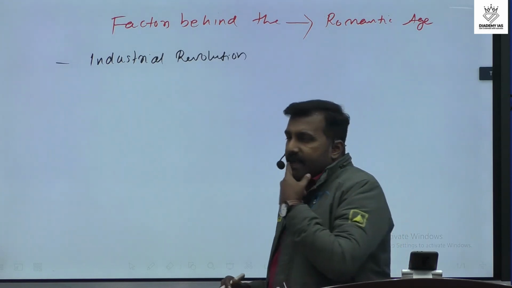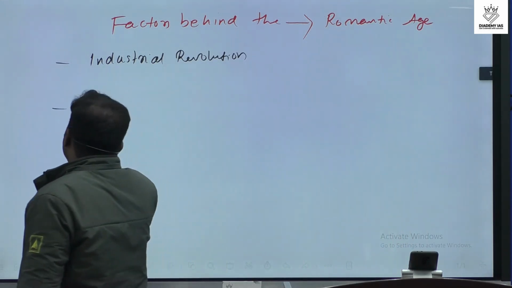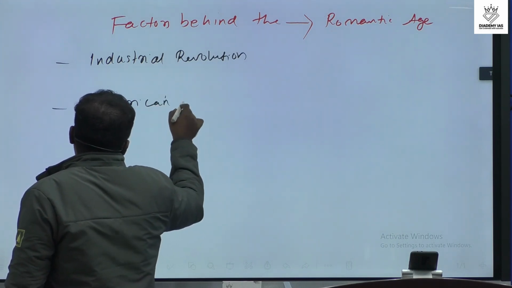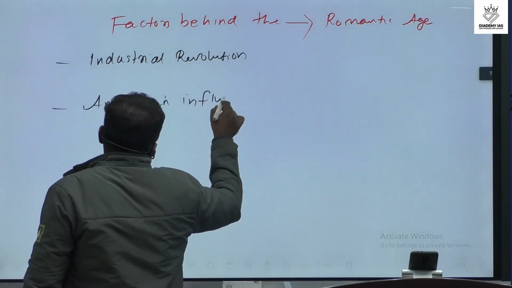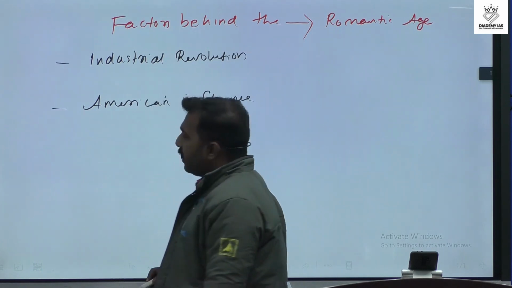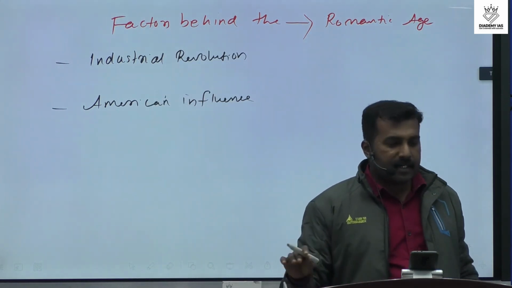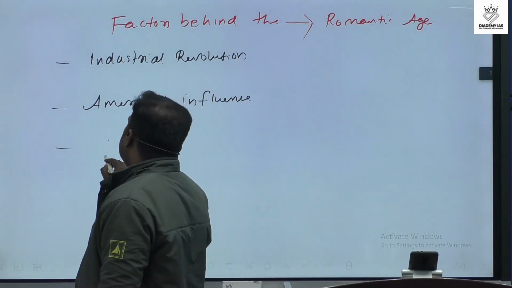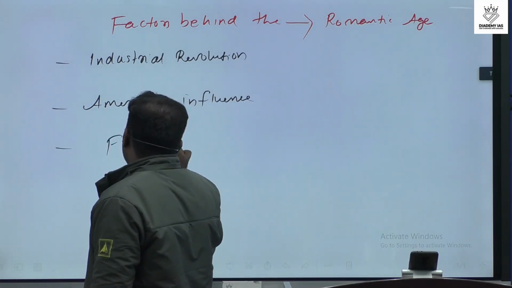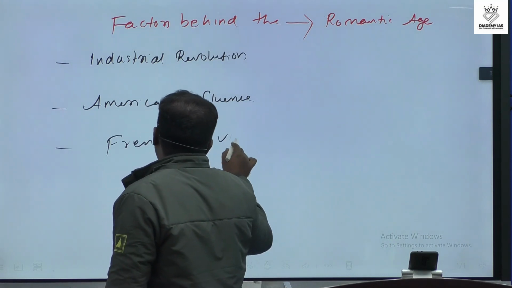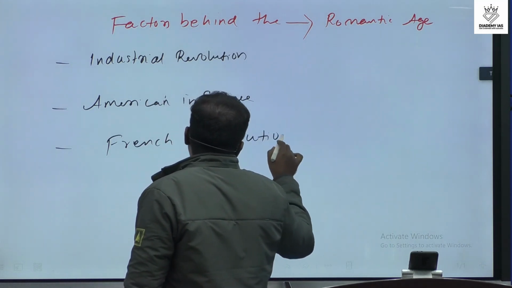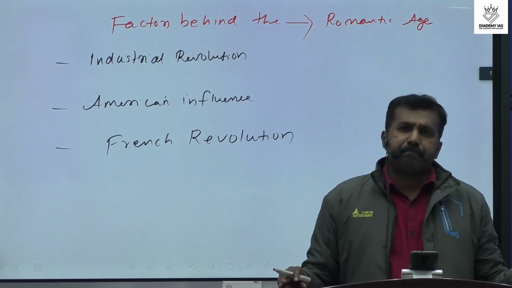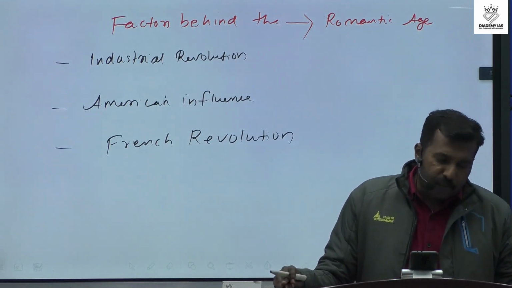And the next one is American independence. American influence or independence is an important factor. And the next one is the French Revolution. The French Revolution is also one of the important factors behind the Romantic movement.